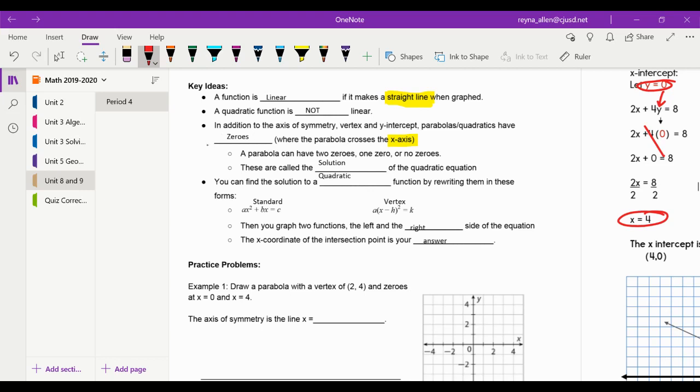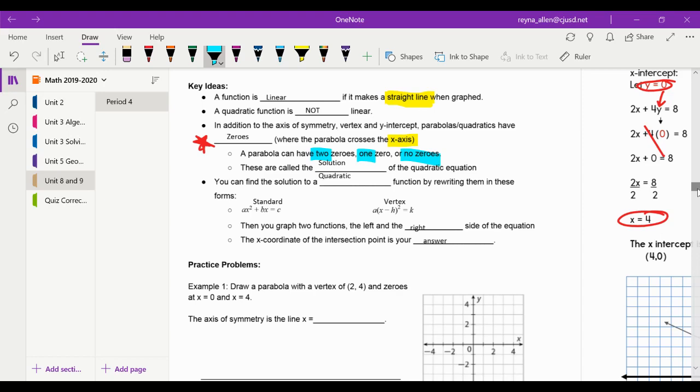So that is a new word. Zeros are important because they are your answer or your solution. So if I ask you what is the solution to this quadratic, you're looking for the zeros. You can either have 1 zero, 2 zeros, or no zeros. It's kind of like saying you have one answer, two answers, or no answers.